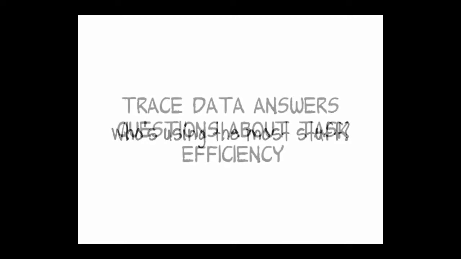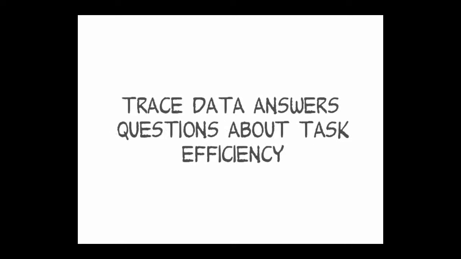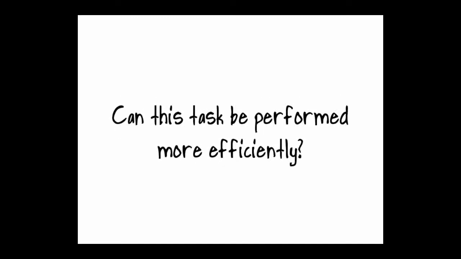And then trace data can answer questions about task efficiency. If you find something that used way more CPU than you thought, well, you can trace it and find out, what does this thing do? I know you can find some of these things in ASH as well, but you can find everything in the trace data about every single sequential step that the developer inspired inside the database and the operating system that's sitting underneath. So the question, can this task be performed more efficiently, is something that is almost impossible to prove without trace data.